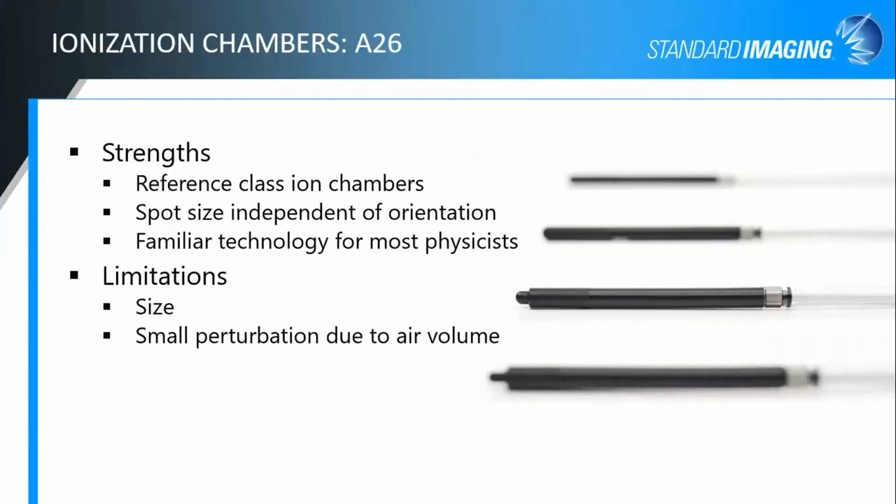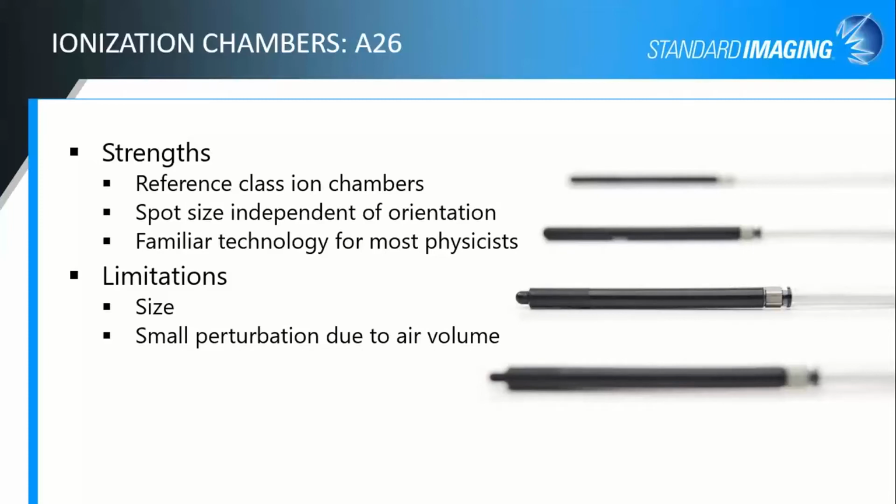So strengths of the ionization chambers, particularly the A26, is that it is a reference class ion chamber. Its spot size is independent of the orientation, and it's a familiar technology for most physicists. We're used to using ion chambers. We're used to troubleshooting when things aren't going quite right, and figuring out what might be going on with those chambers.